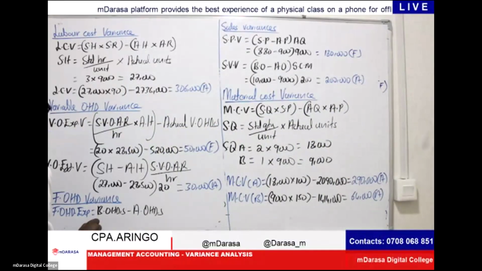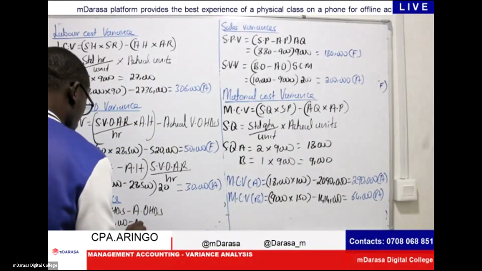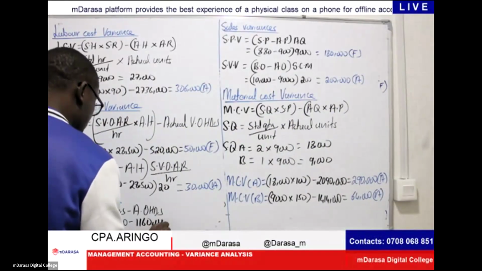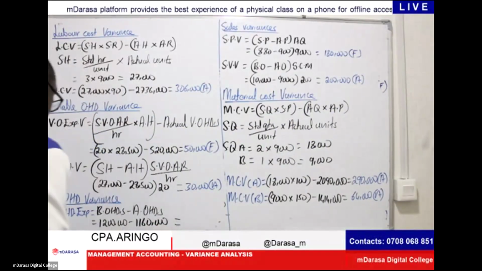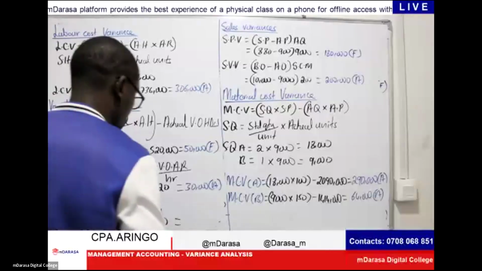We take 1.2, we less our actual fixed overheads, which were 1160. So we have a favorable variance of 1.2 minus 1160, which gives us 40,000 favorable.